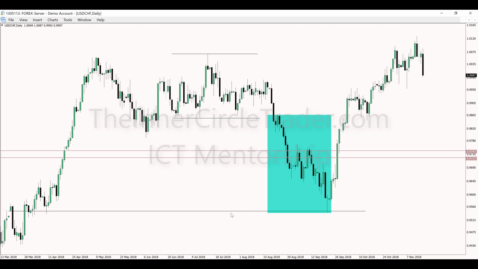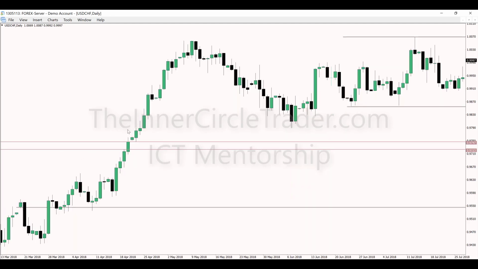The imbalance that's shown right in here. Okay, right in here. I'm going to show you that one as well. Zoom in. We have this candle's high right there at 97.62. Remember, everything has to rebalance.